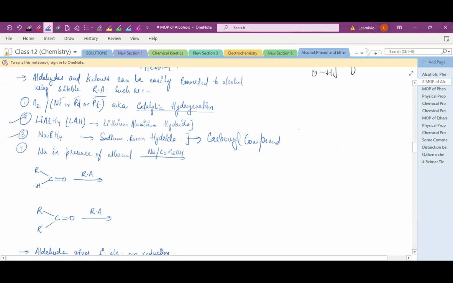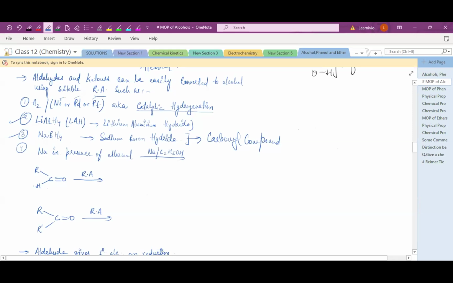Sodium borohydride is a reducing agent, but not as strong as lithium aluminium hydride. Lithium aluminium hydride has the ability to reduce any group, but sodium borohydride can only reduce the carbonyl compounds, aldehydes and ketones. Just remember the difference.